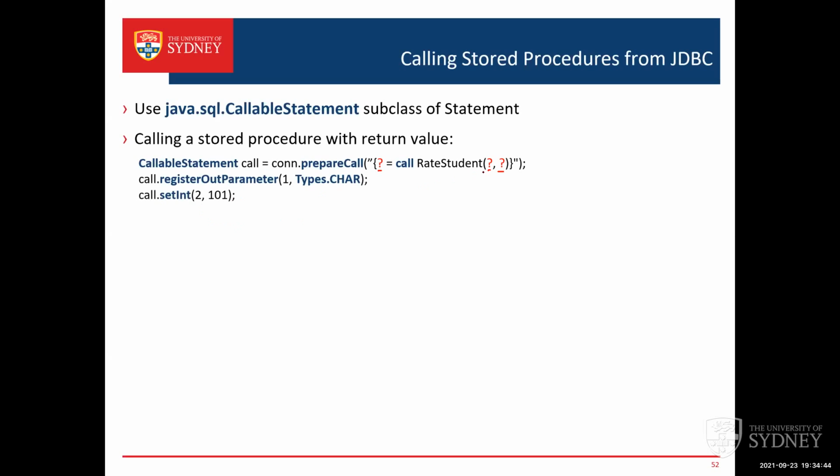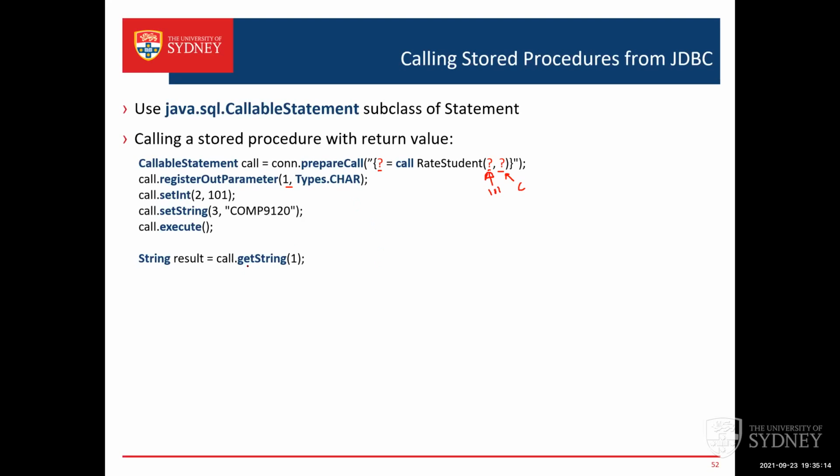Then 2 means this second question mark symbol. This one will be 101, and the third one will be COMP 9120. If we send these two, then we'll get the student's grade, and that will be stored in this one. We will execute, and that's where we'll get that information.